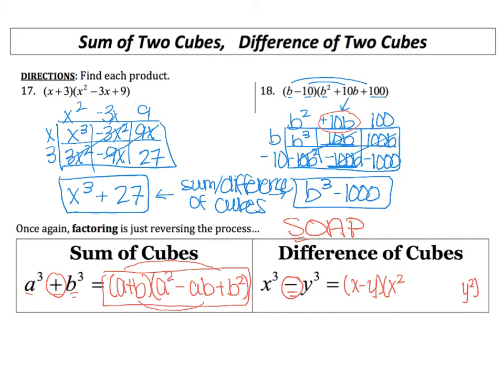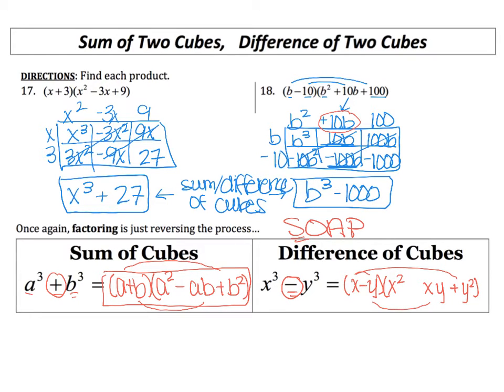To get negative y cubed, it would be a negative times a positive there. But then how am I going to get that stuff to cancel out? Well, it turns out that I just have to multiply these two things together. So it's just xy, so that x times y squared and y times xy end up canceling out.